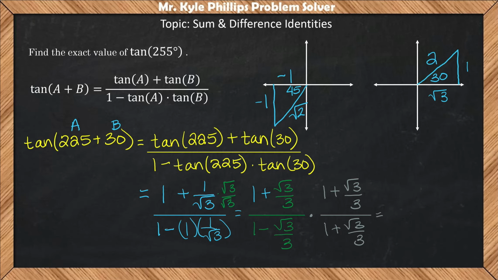So here, this would give me 1 times 1 is 1. And I'm going to say 1 times root 3 over 3. So I have root 3 over 3 plus root 3 over 3 times 1 plus, this is the square root of 9 over 9.